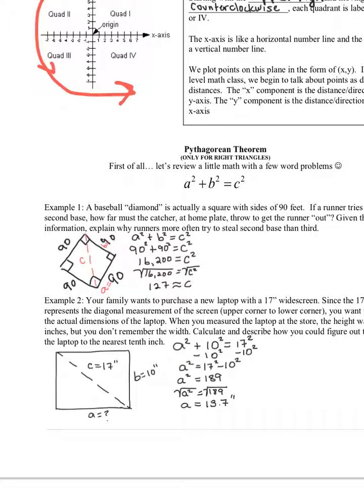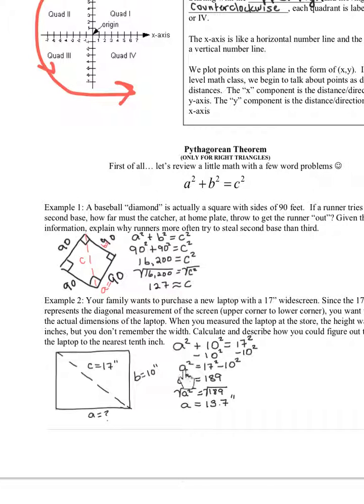Using the Pythagorean theorem, we substitute 17 in for c, so we have 17 squared. We substitute 10 in for b, that gives us 10 squared, and we're going to solve for a. So we set it up just like this. We're going to subtract 10 squared from both sides of our equation.